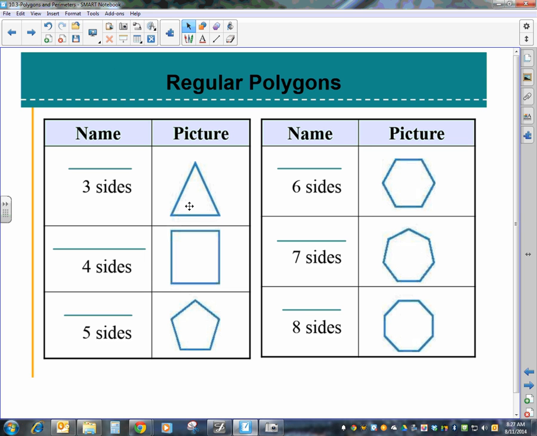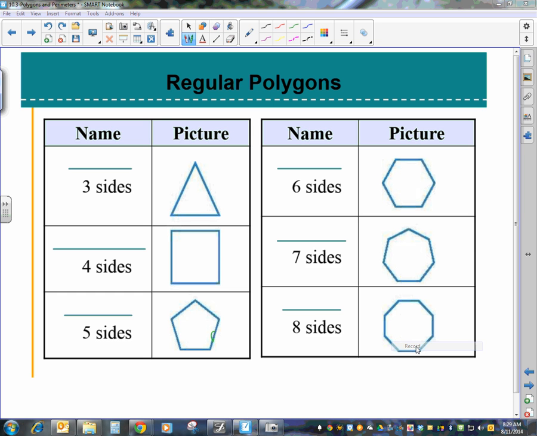These are all regular polygons. I'm sure you all know that the first one, any polygon with three sides, is called a triangle. So we can have a regular triangle, although that's not what it looks like. The next one, if it has four sides, is called a quadrilateral.